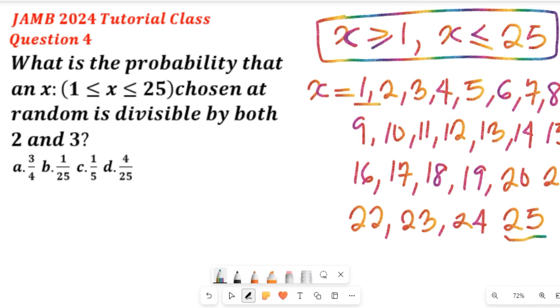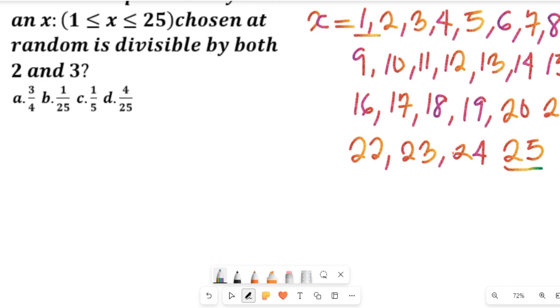Now the question says we should find the probability of choosing at random values of x that are divisible by both 2 and 3. From here, you should note that probability is the required outcome over the total outcome. Now, what is the required outcome?